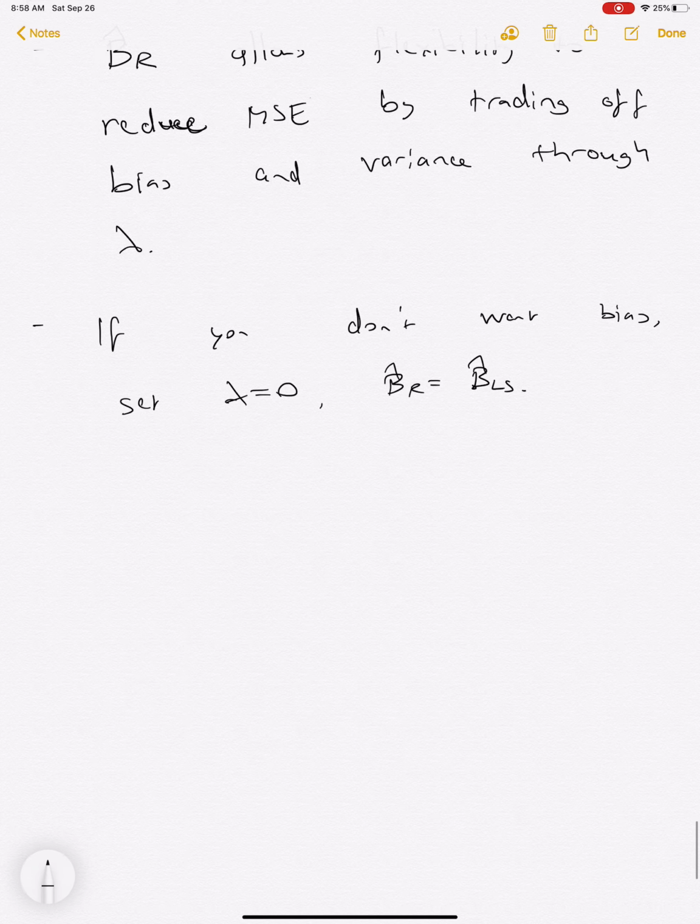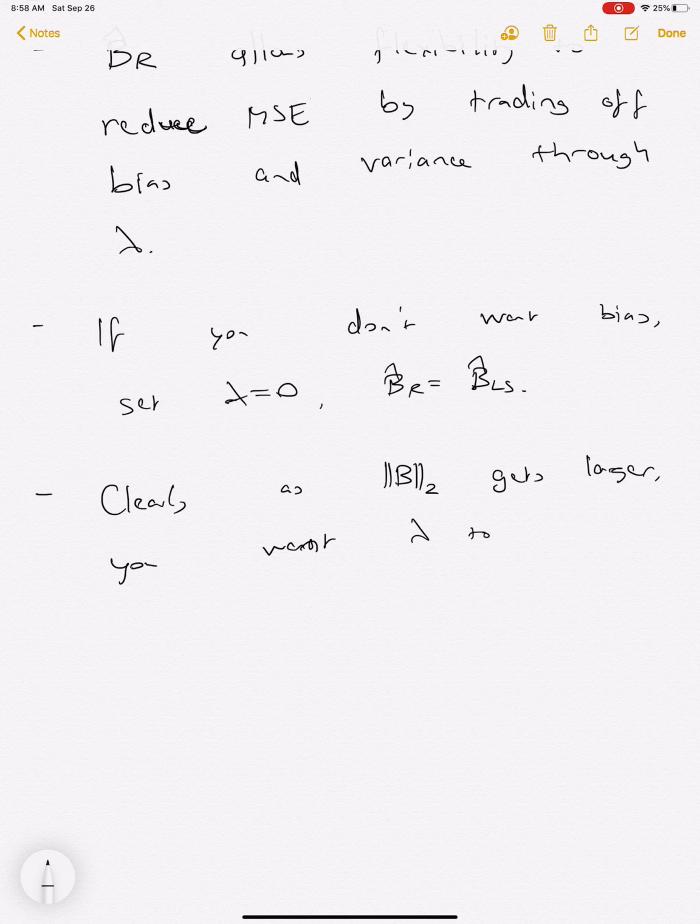And clearly, as beta 2 gets larger, you want lambda to be smaller.